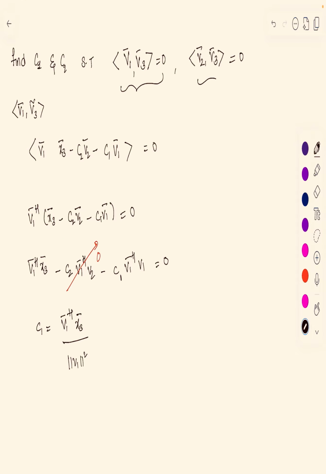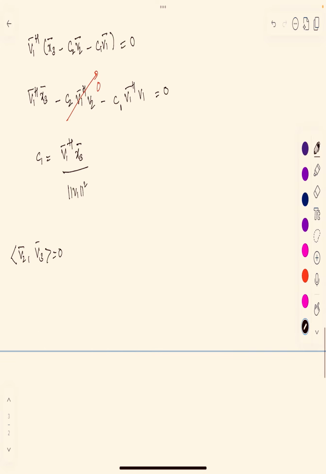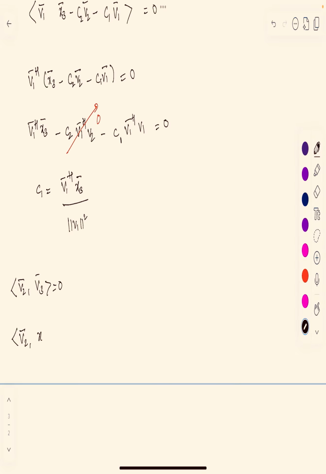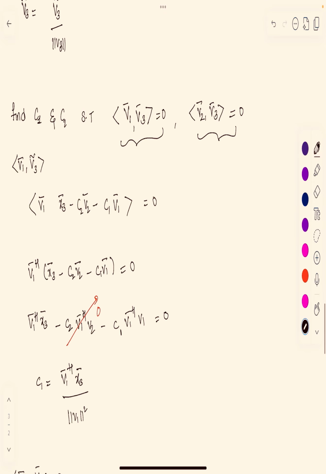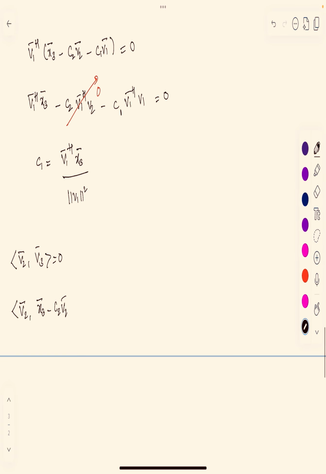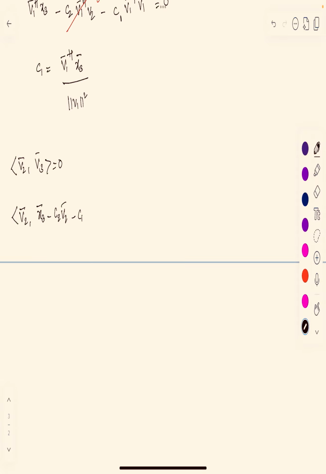For the C2 part, we have to make use of this equation, which is the inner product of V2 bar and V3 bar equal to 0. Let's plug in V3 bar, which is x3 bar minus C2 V2 bar minus C1 V1 bar, equal to 0.